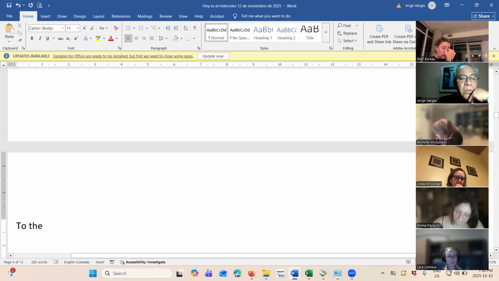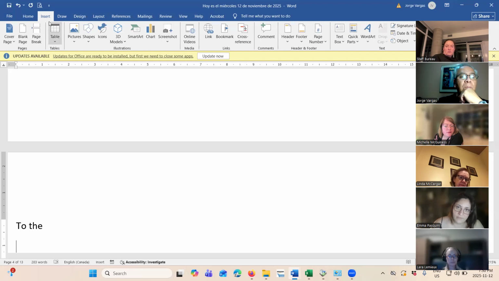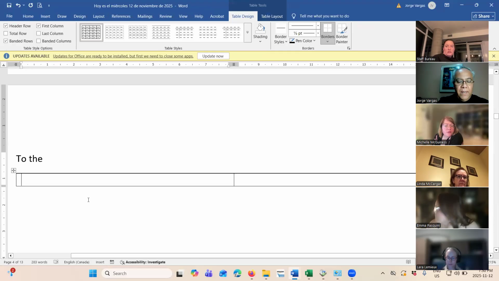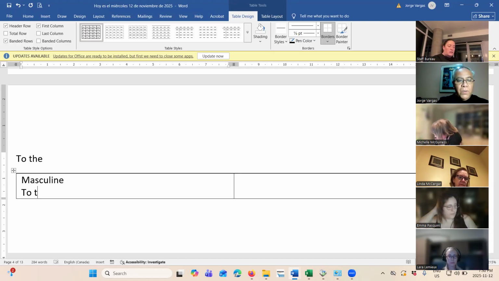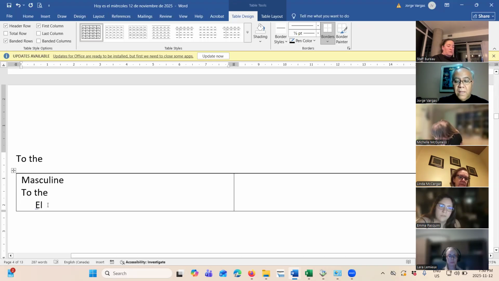But here we're going to deal with our first contracted form. In Spanish, there's only 2 contracted forms. In French, you have many, but in Spanish, there's only 2. What I mean by that is this. If the item is masculine, and I want to say to the, of course, the masculine article is el. Are we fine with that? Yes? To say the, if it's masculine, you say el.